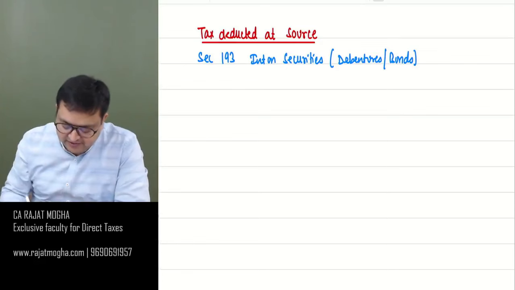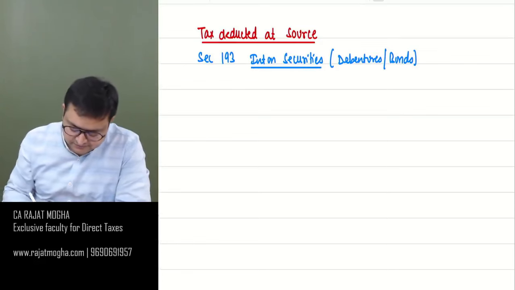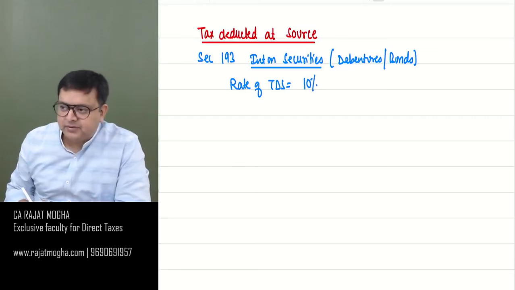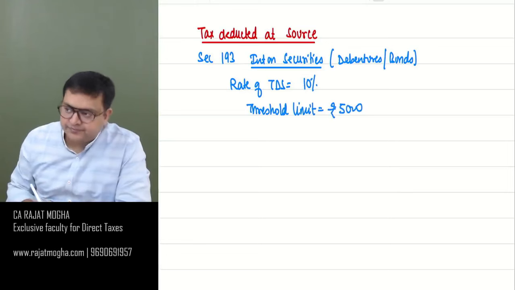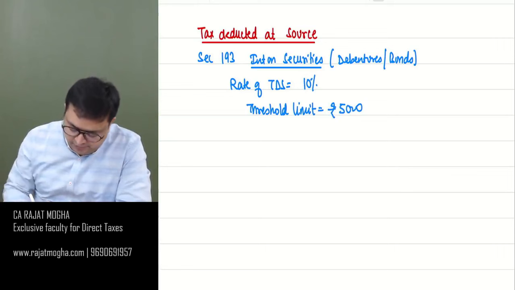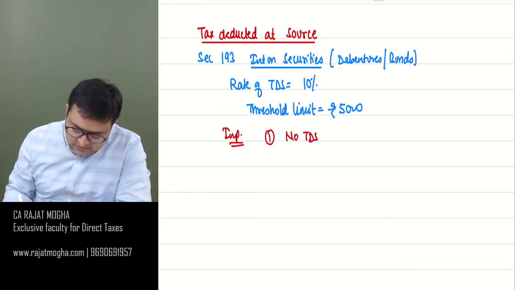Whenever you receive interest on securities, the rate of TDS is 10%. Generally, the threshold limit is 5,000. Important note: no TDS on securities issued by government.